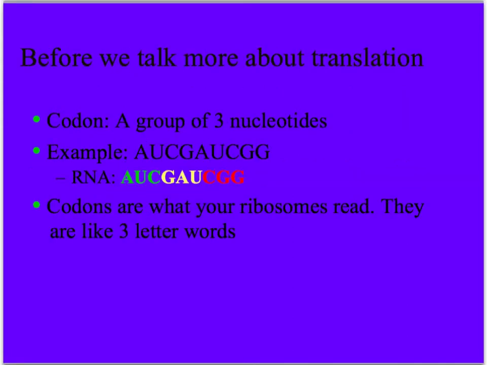Before we can talk too much about what translation is, there's a couple of vocab words you need to know. The first vocab word is a codon. A codon is a group of 3 nucleotides. And if we think back, nucleotides are the building blocks of DNA and RNA. Therefore, if you take 3 nucleotides, like A, U, and C, this is a codon, the grouping of A, U, and C together.